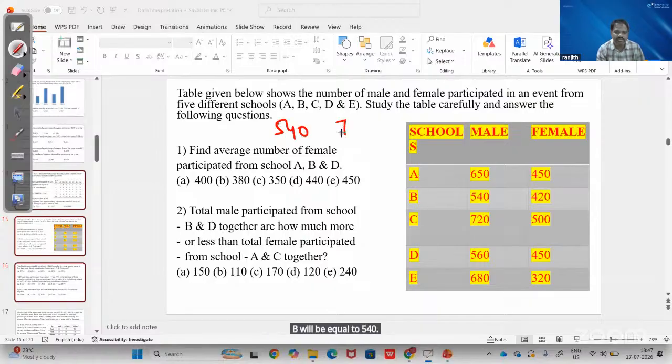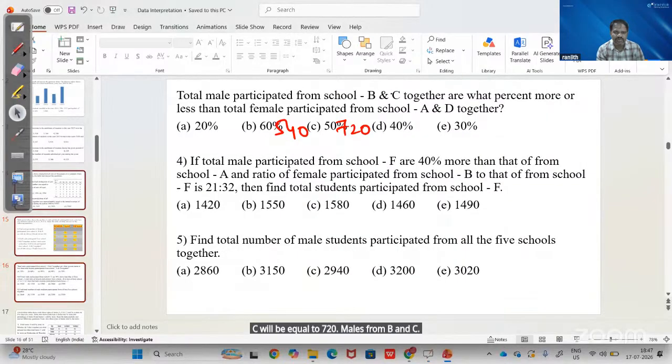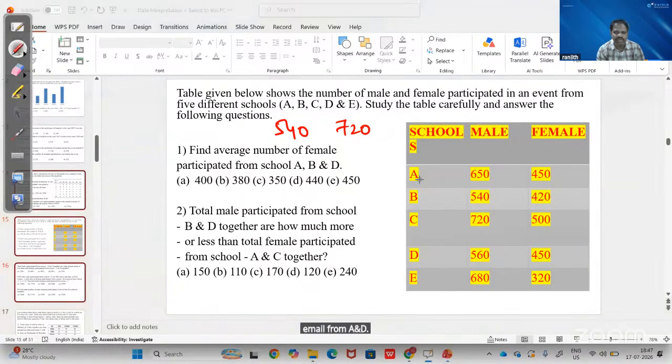C is 720. The males from B and C together are what percentage more than the females from A and D? Females from A and D is 900.